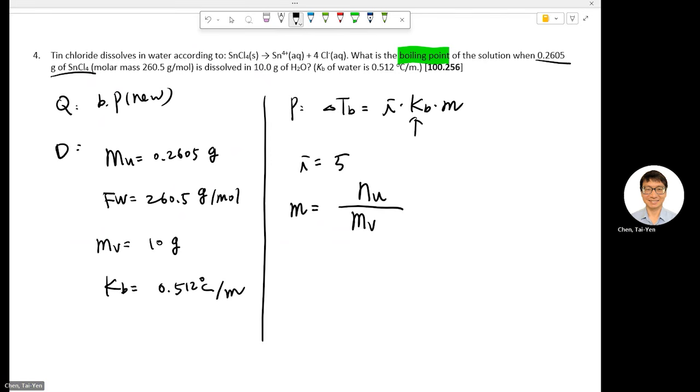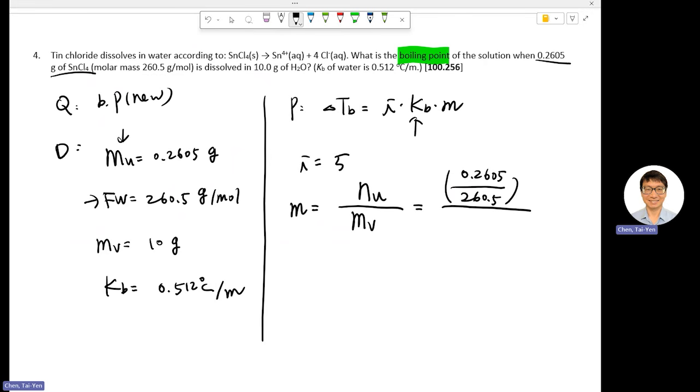Moles of solute can be calculated by mass of your solute divided by the formula weight, so it will be 0.2605 divided by 260.5. That's the moles of your solute.